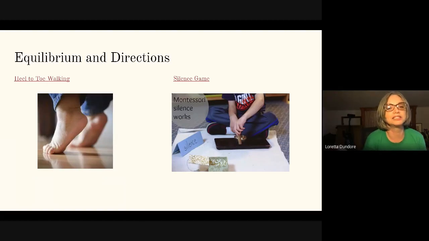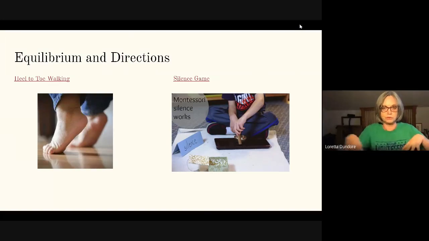And then I had to just put these cute little baby feet in. The heel to toe walking is so important for equilibrium. We have a line in our room where they practice walking heel to toe. Without being able to do all of these senses that we've been working on, equilibrium and direction is brought together, so to speak, as the very end of the sensorial.